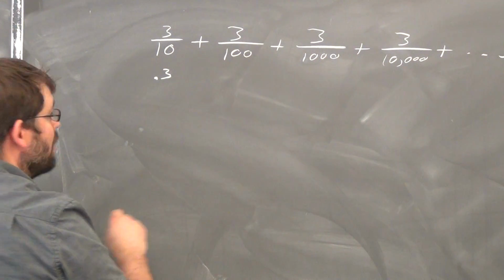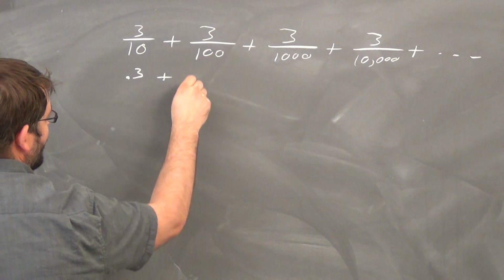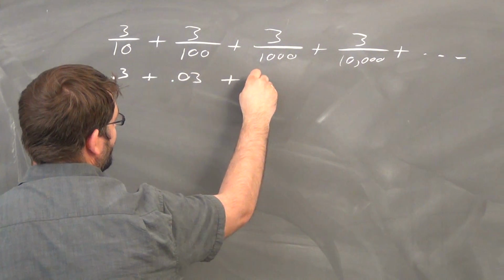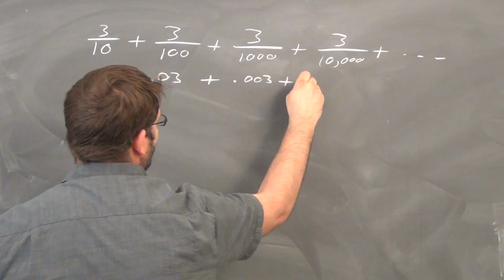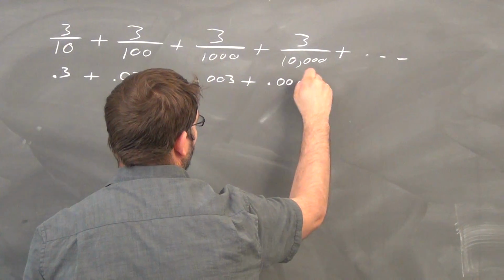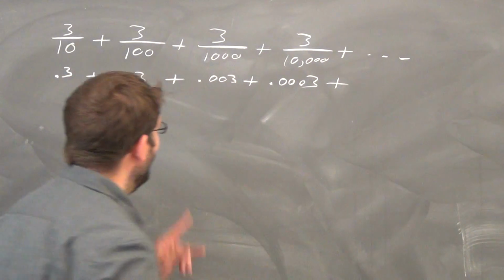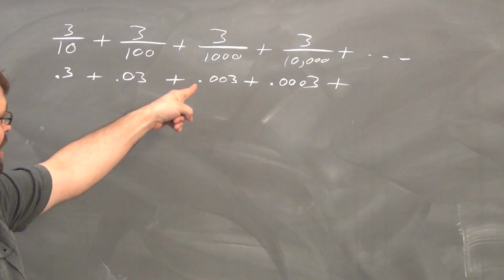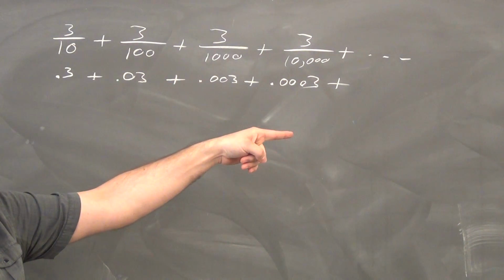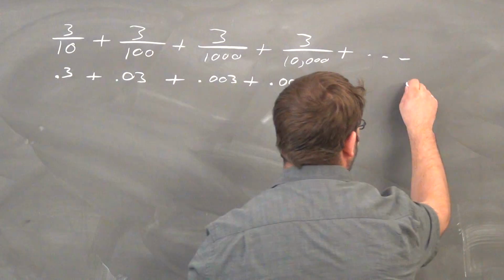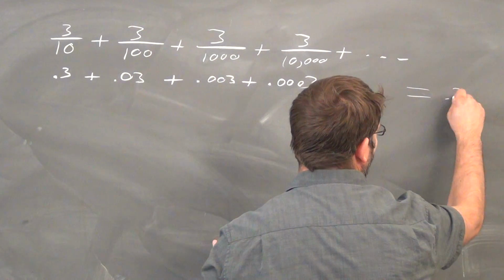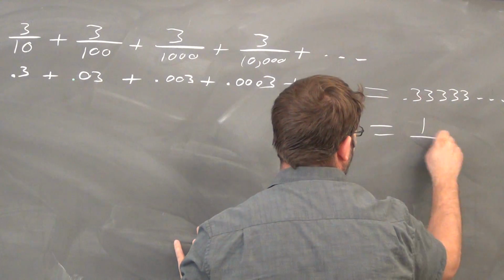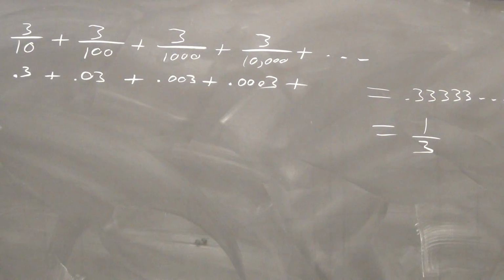Plus, what's 3/100? 0.03. Plus 0.003. Each time you're adding more stuff to it, but you're always adding something smaller than the decimal places you already had. And so this looks like it should add up to be what? 0.333..., so 1/3. Does that make sense?